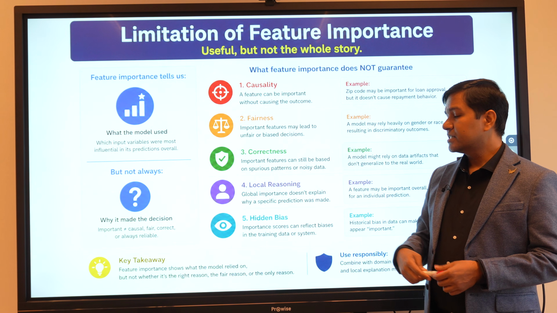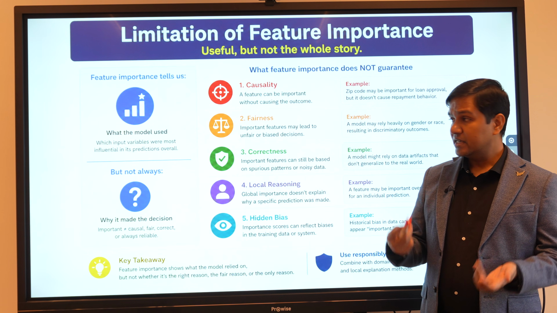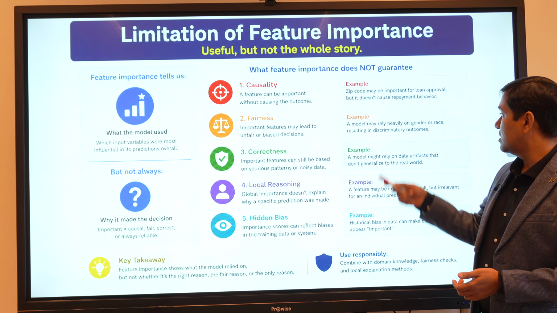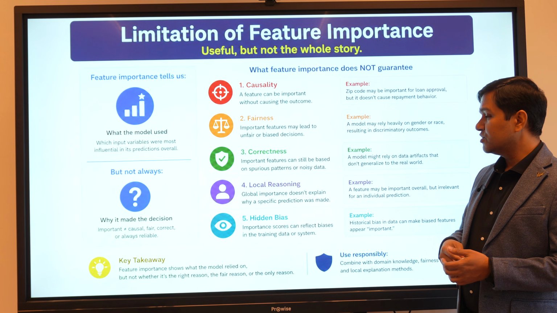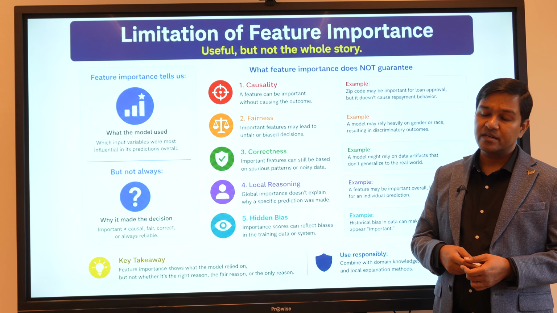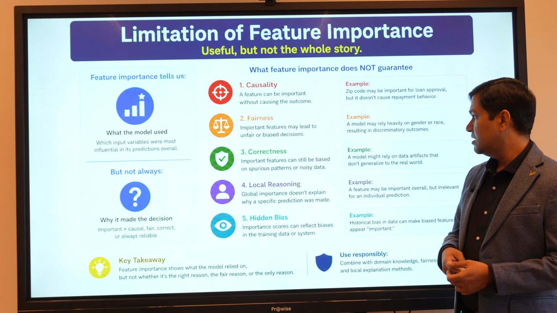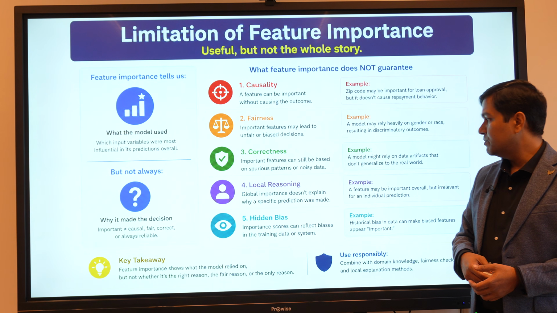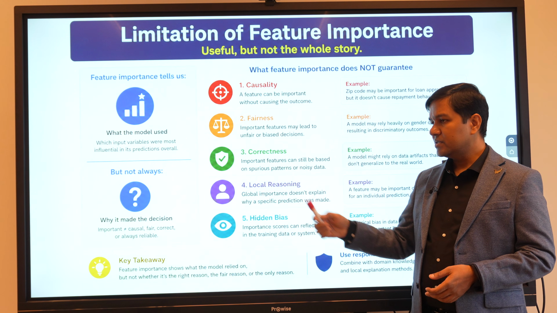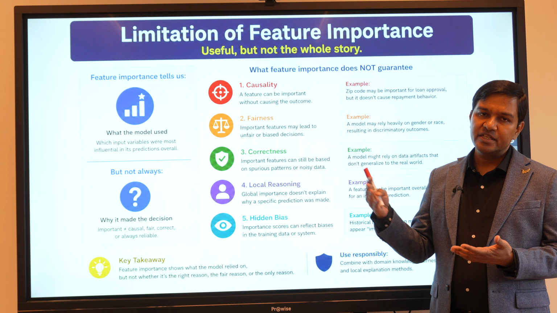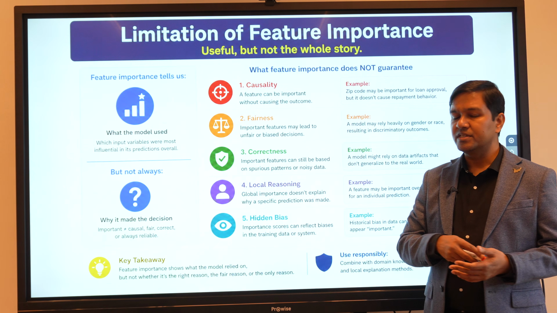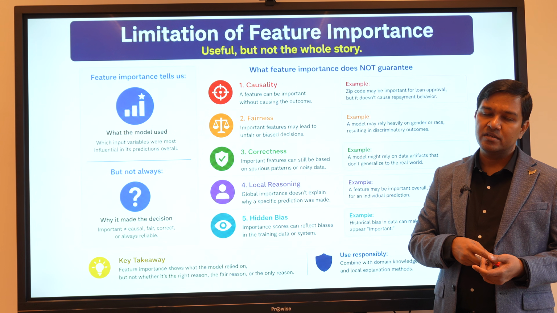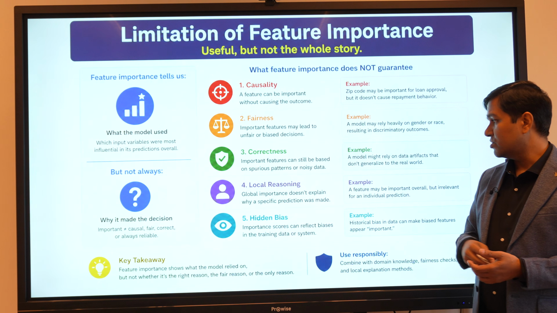Now, feature importance can also be misleading in telling the fairness, whether the model is relying a lot on gender and race and giving discriminative behavior. It might be giving the outcome based on the feature, but what if only spurious patterns are there and it is giving decisions on that?